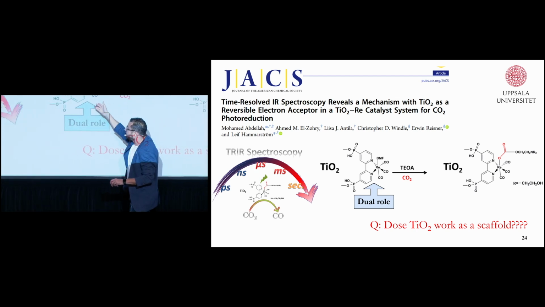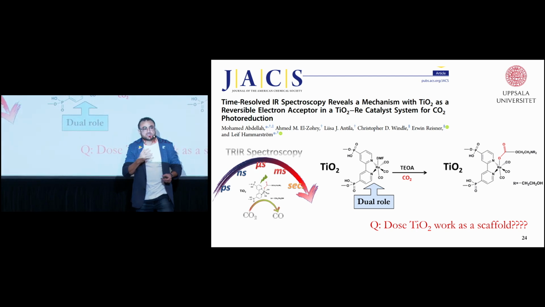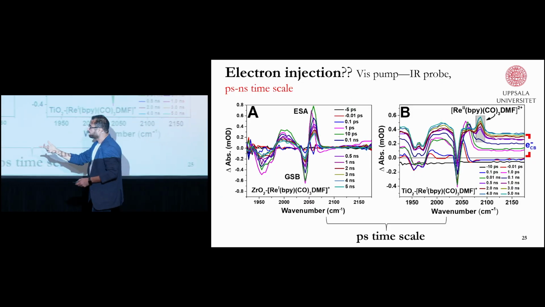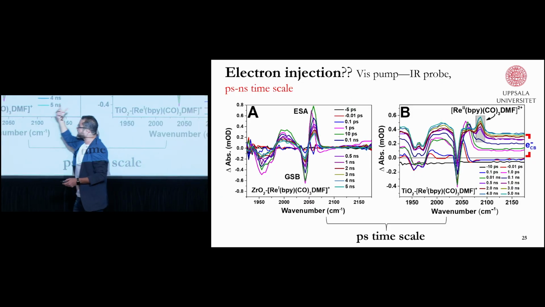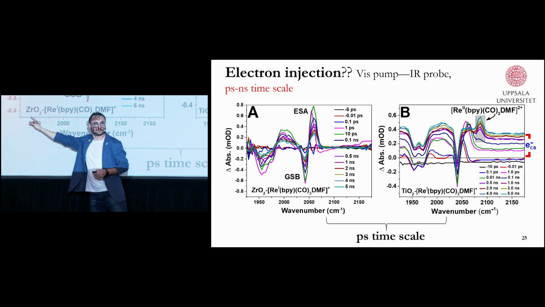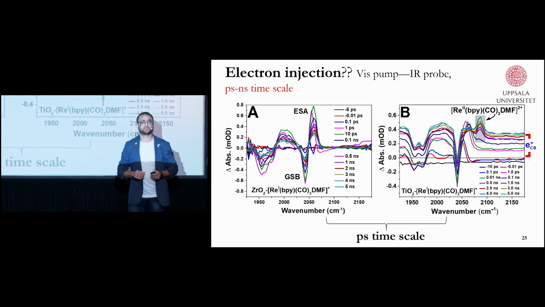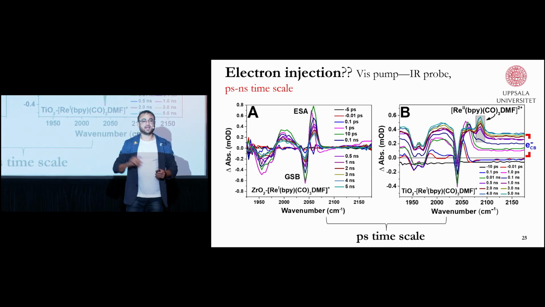So he asked me, can you help me? What is going on? By taking his catalyst, we made a very simple comparison: the catalyst on zirconium oxide compared to the catalyst on titanium dioxide, exactly the same catalyst. But we got different spectroscopy, and this tells us a lot.